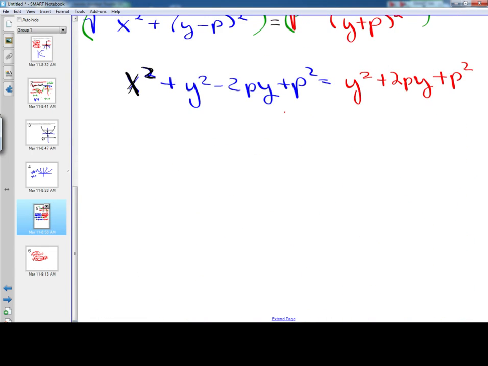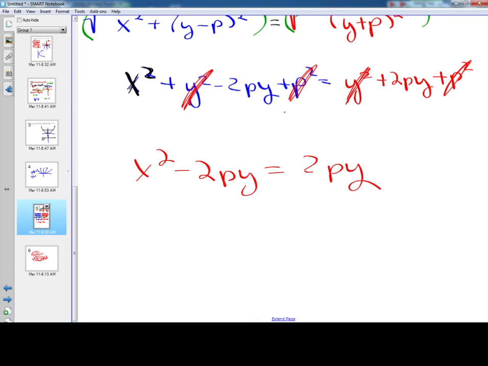Okay. I heard someone talk about canceling out. That's a good eye. What cancels out? The y squares cancel out, don't they? And the negative 2py? No, that's a positive. That's a negative. They can't cancel. But the p squares do, don't they? So here's what I've got. Clean this up. X squared minus 2py equals 2py.